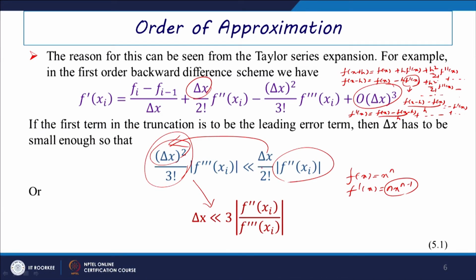This means that whenever we go for a finer grid or very small grid sizes, there will be no change of solution. Also, when the last neglected term is larger compared to the remaining terms we neglect, that is a sufficient condition for this order of approximation.